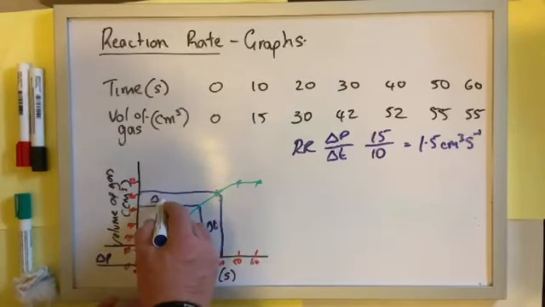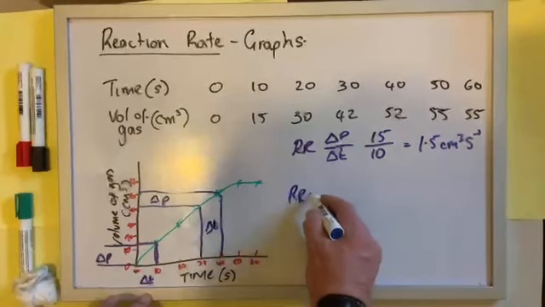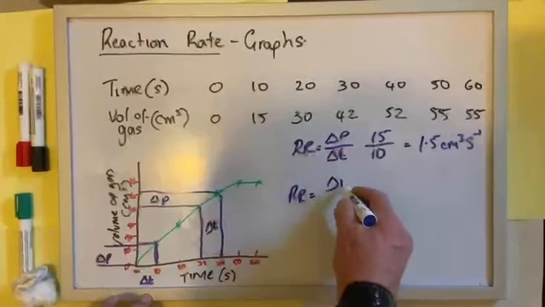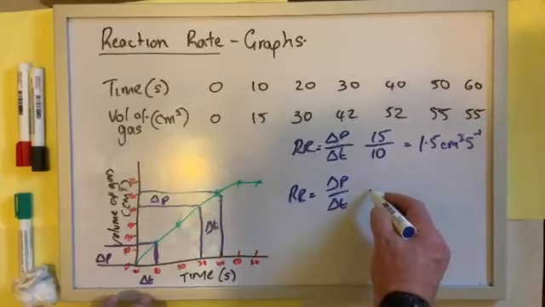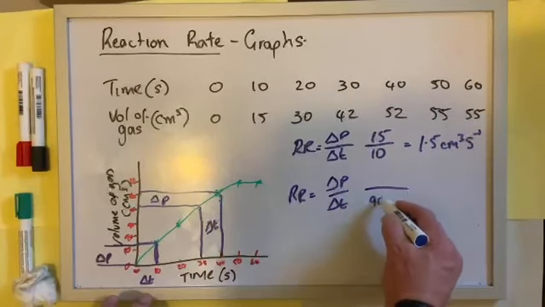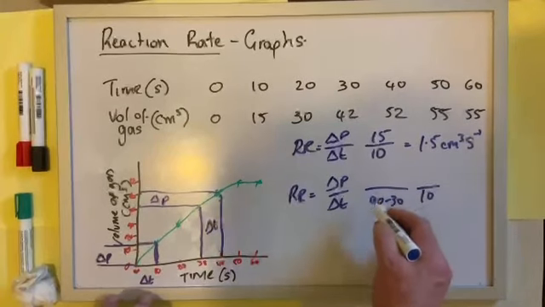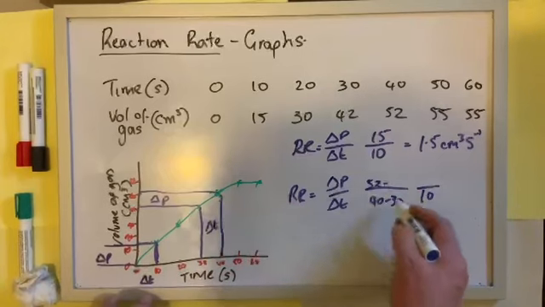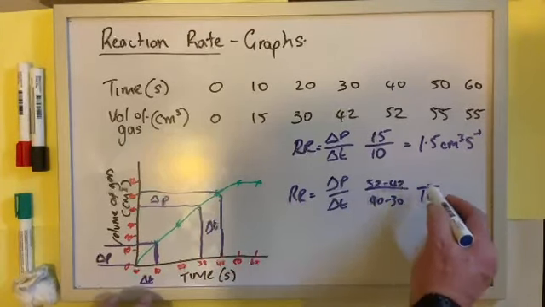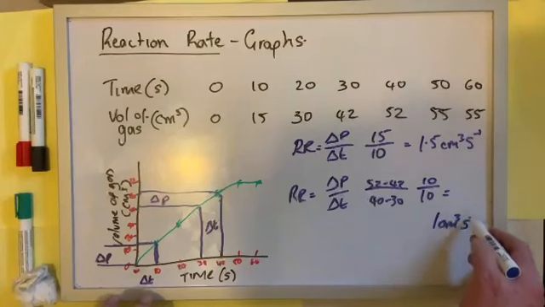That is our delta P. So the reaction rate would be delta P divided by delta T. 40 minus 30 would be 10. At 40 it's 52, at 30 it's 42. That would be 10. So therefore we'll have 1 centimetre cubed per second minus 1.